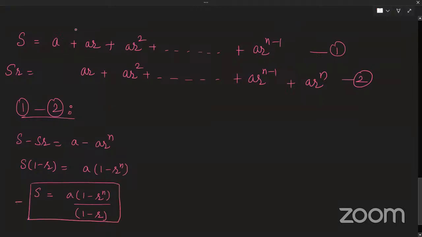This is my sum of N terms of a GP. Everyone got it? This is my formula for the sum of N terms of a GP.